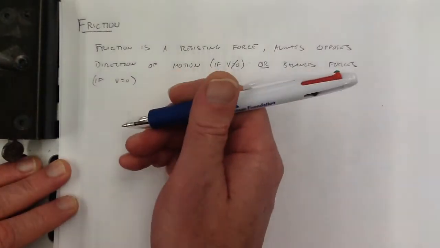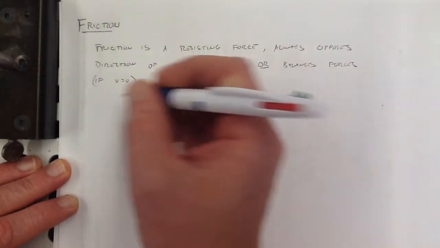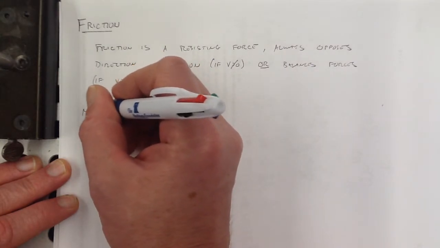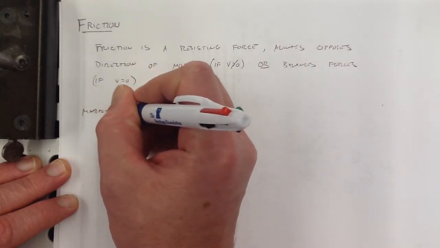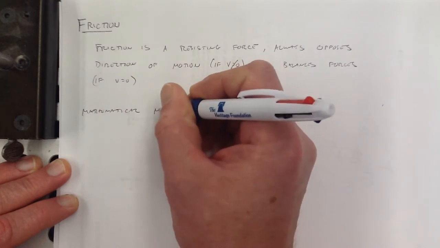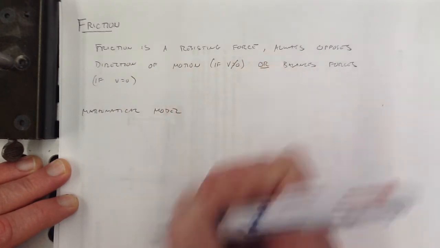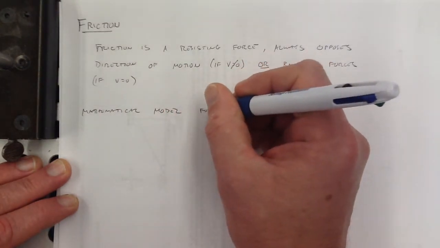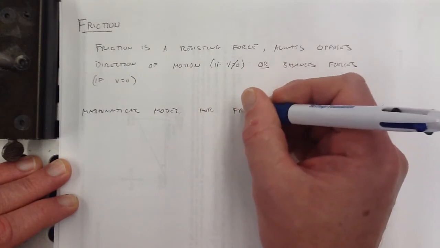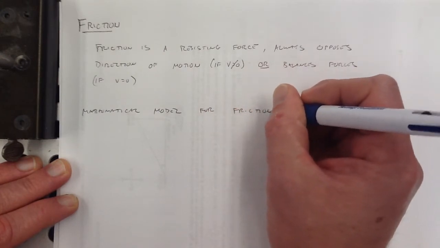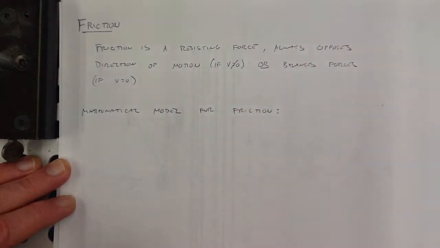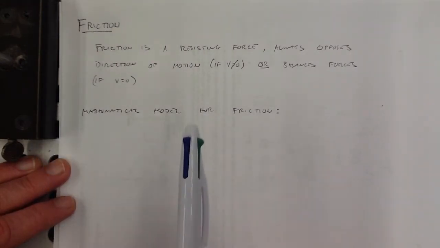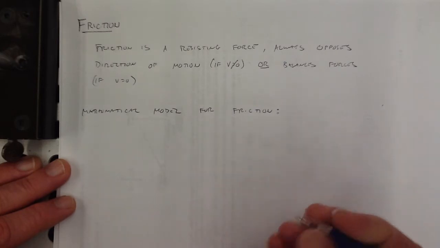And in either case, our mathematical model, in other words, equation for friction, is that the amount of friction you have is directly proportional to the normal force.